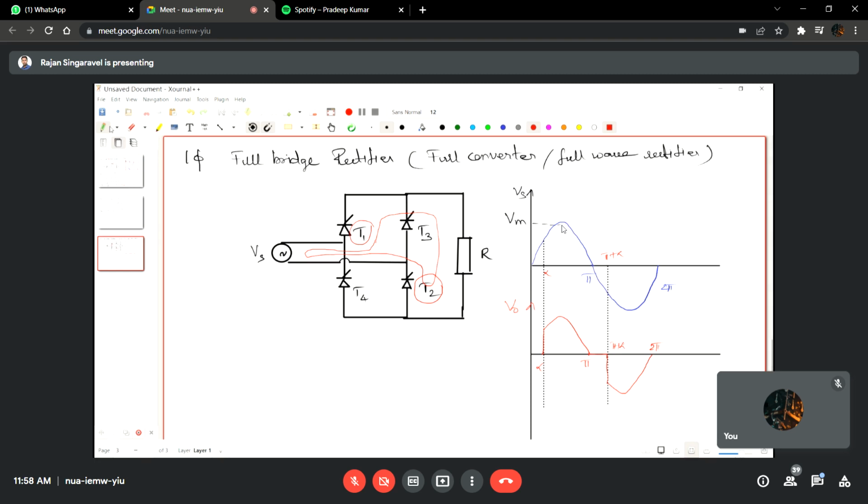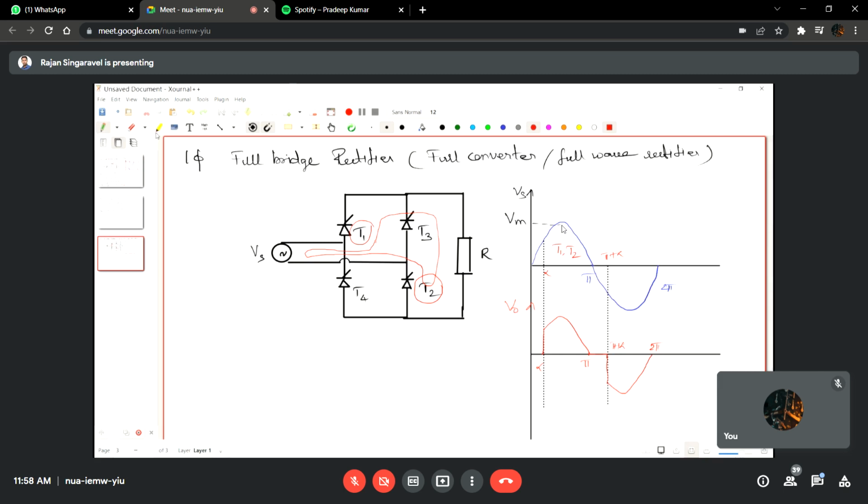So this is the condition for the first half cycle, and which are the thyristors working? T1 and T2 during this condition. That's why we get the positive half cycle output across the load terminal with the help of T1 and T2.